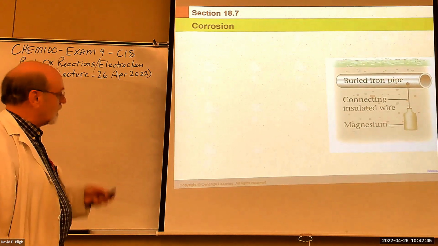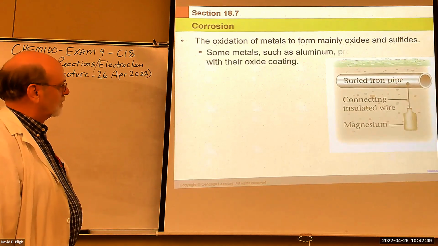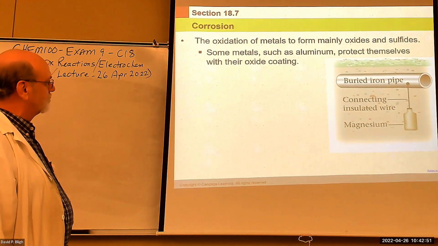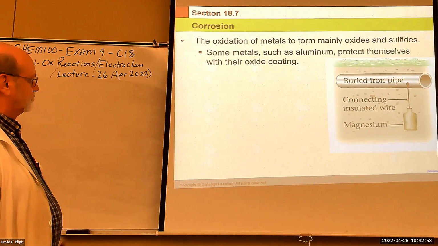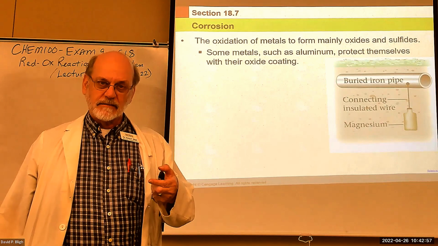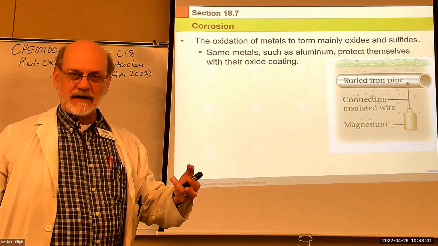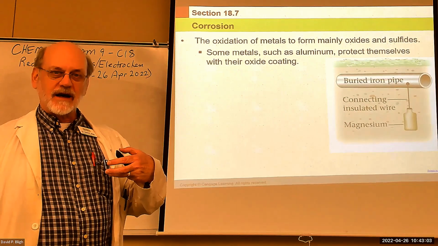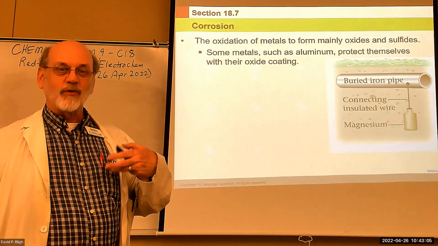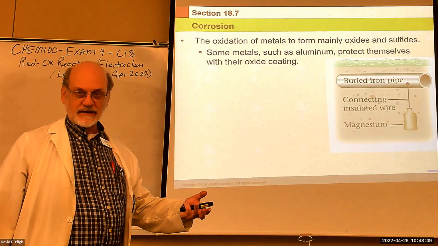So one way to protect those metals, like this buried pipe, is to connect them with a wire to another metal that corrodes more readily than the metal that you're protecting.